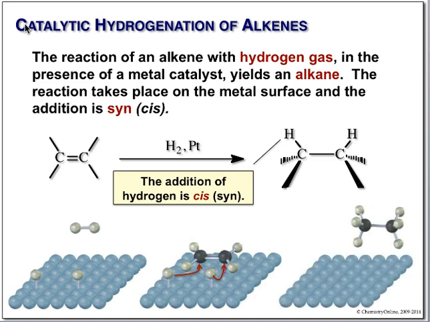Because of that, this is why we get our cis addition. As soon as we do that, there's no more pi system, so this stuff flies off the surface. What you have to remember is simply cis addition. We get rid of our double bond, both hydrogens on the same side. Any questions?